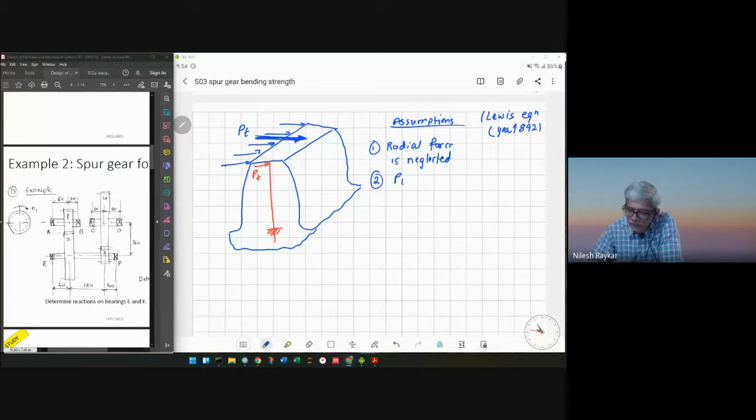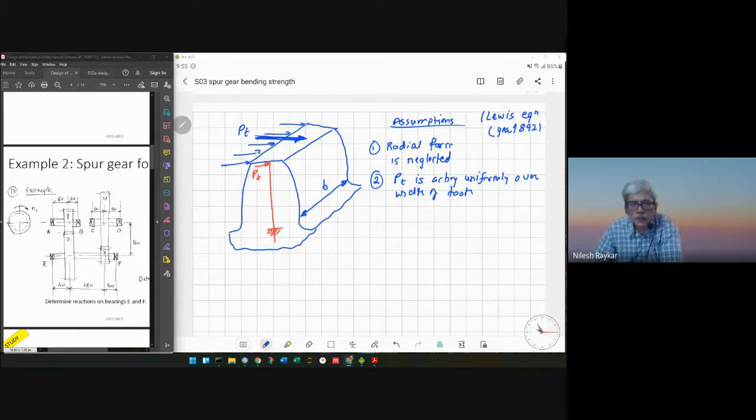Then we are considering that PT is acting uniformly over the width of the tooth. The width of the tooth is this particular direction, which is usually termed as B. That is what we will consider.